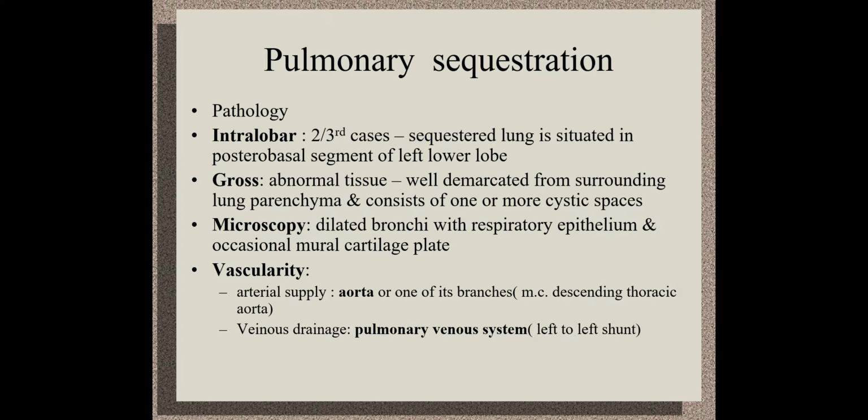Vascularity: arterial supply is from the aorta or one of its branches. Venous drainage is into the pulmonary venous system.